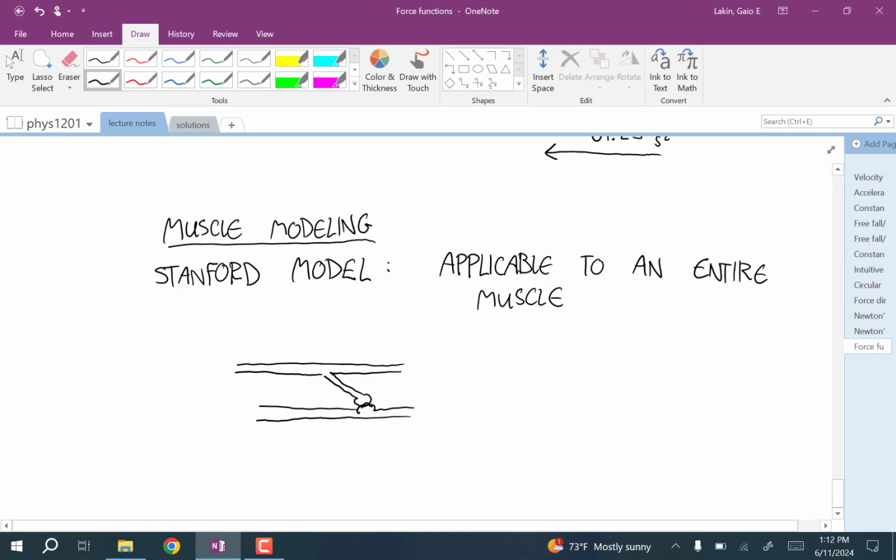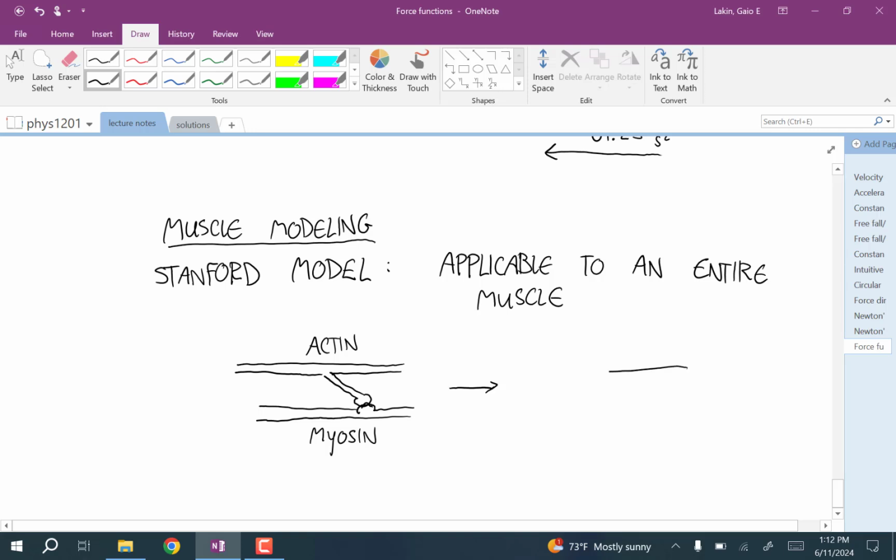When a certain event takes place in the muscle fiber, action potentials tell the fiber to generate force. What happens is the actin, let me write this on here, so this is actin, this is myosin.